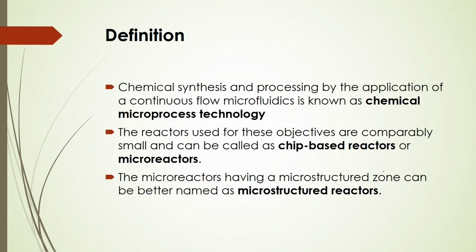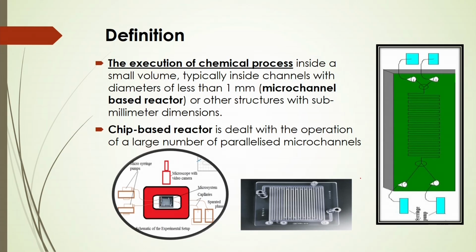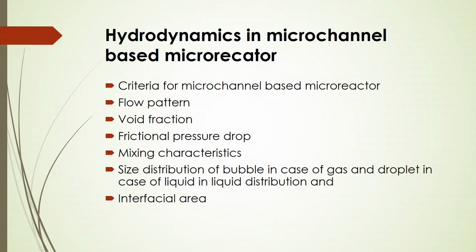We also noted that the execution of the chemical process in microchannel based reactors takes place in a small volume, typically inside a channel with diameter less than 1 millimeter, and chip based reactors deal with the operation of a large number of parallelized microchannels in a compact volume. Then we discussed the different applications of microchannel based reactors, and other types of reactors, in our previous lecture.